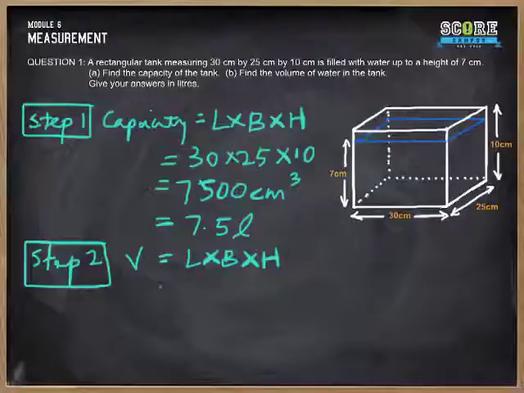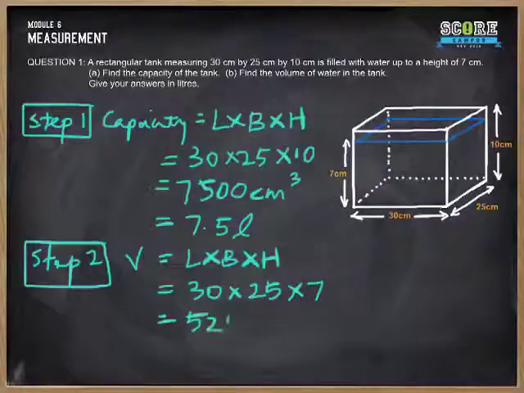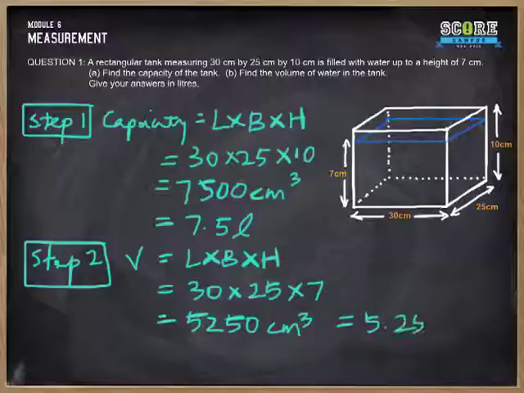So 30 times 25, that remains the same, nothing changes. Whereas the height is now 7, because that's where the water level stops. When you do the mathematics, you get 5,250 cm cube. Once again, to convert it to liters, you've got to divide it by 1,000, and you get 5.25 liters. And that's your final answer.